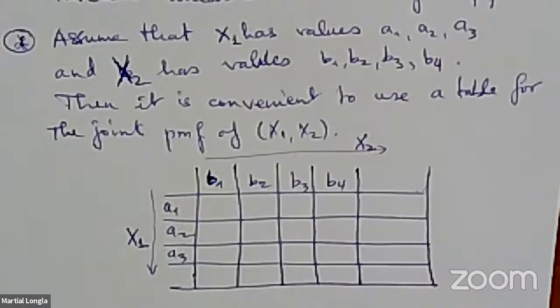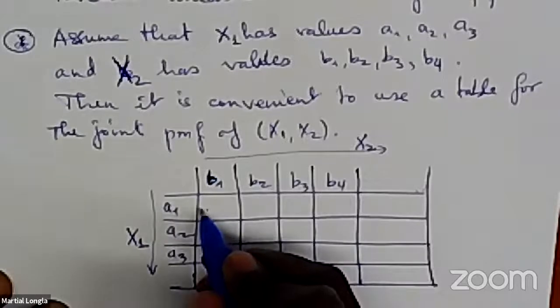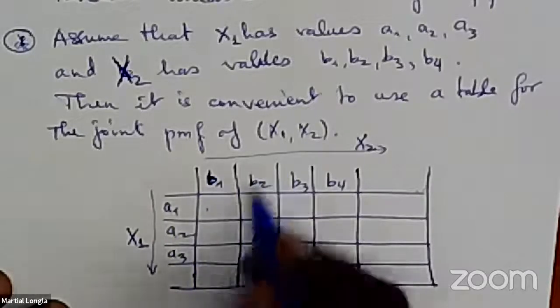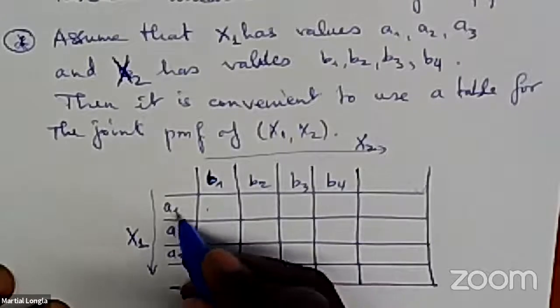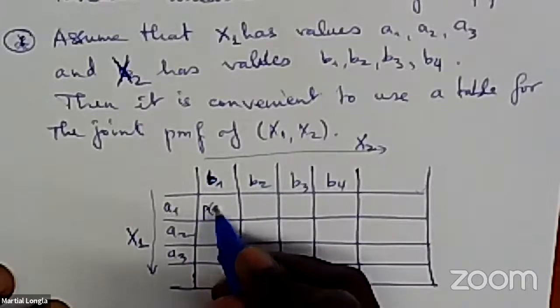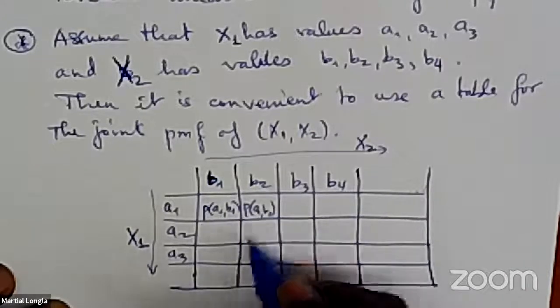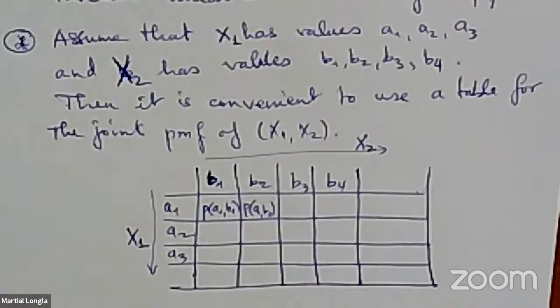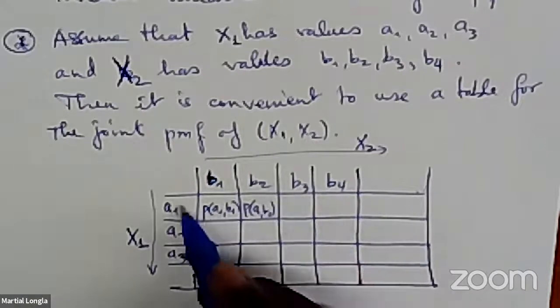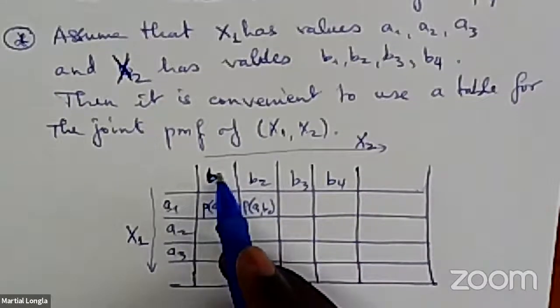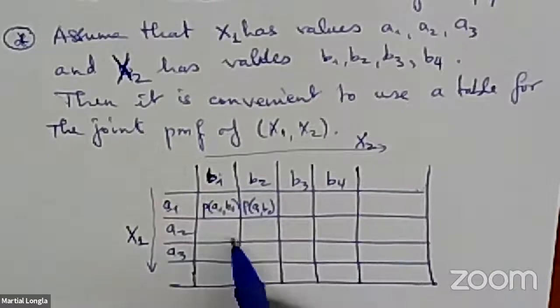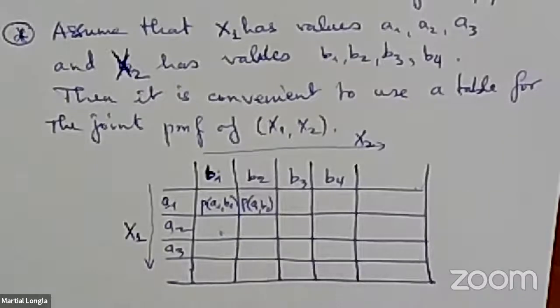So it's convenient to do this. And then here you are going to put the probabilities of the outcome A1, B1. So this is P of A1, B1, P of A1, B2, and so on. Okay. So inside the table, you put the probabilities that X1 is A1 and X2 is B1. Here you put the probability that X1 is A2 and X2 is B1 and so on. You put all of that.